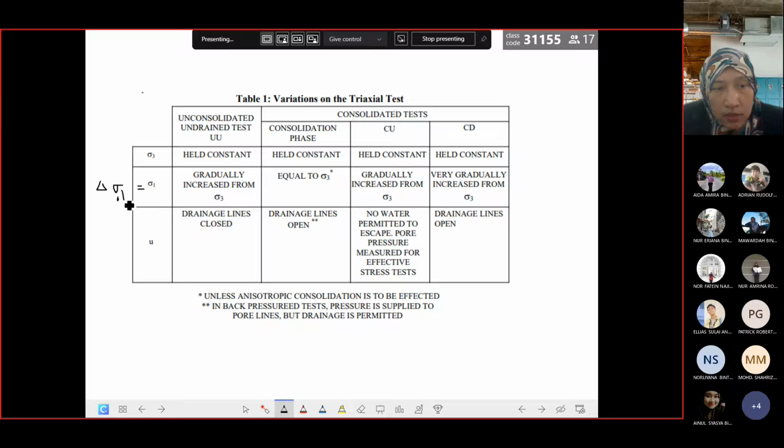What is a delta stress? Delta stress is the difference between sigma 1 dan juga sigma 3. So that's why the previous explanation explained to you in which phase yang mana confining stress constant ke, kat mana yang axial stress ataupun deviatoric stress increase.